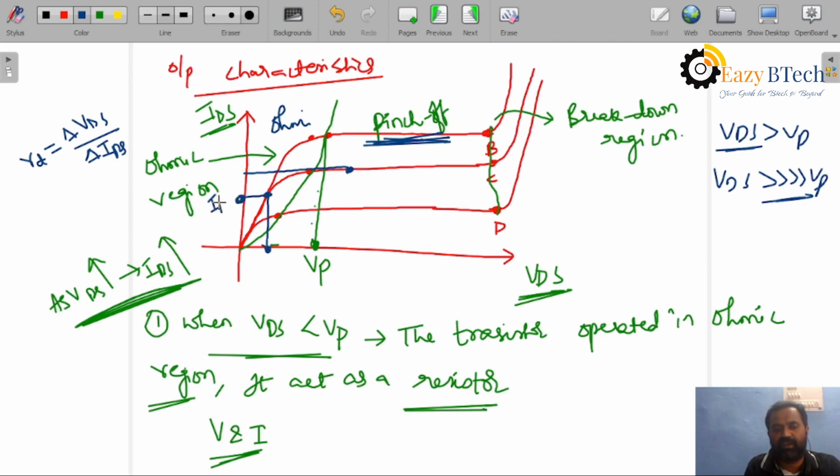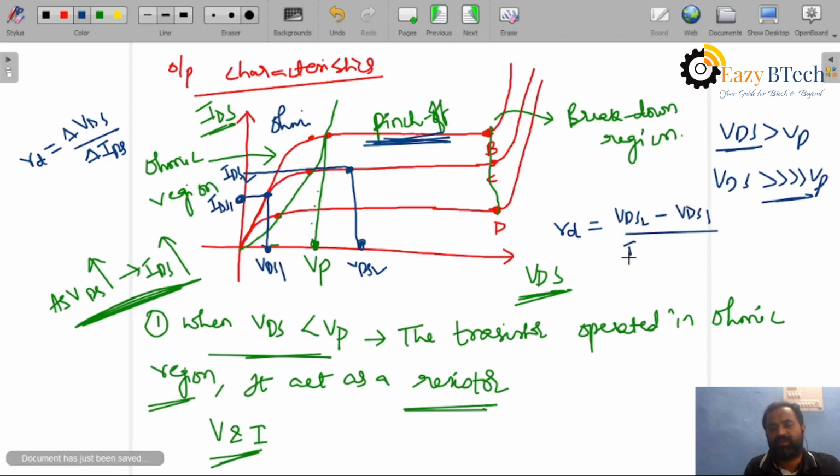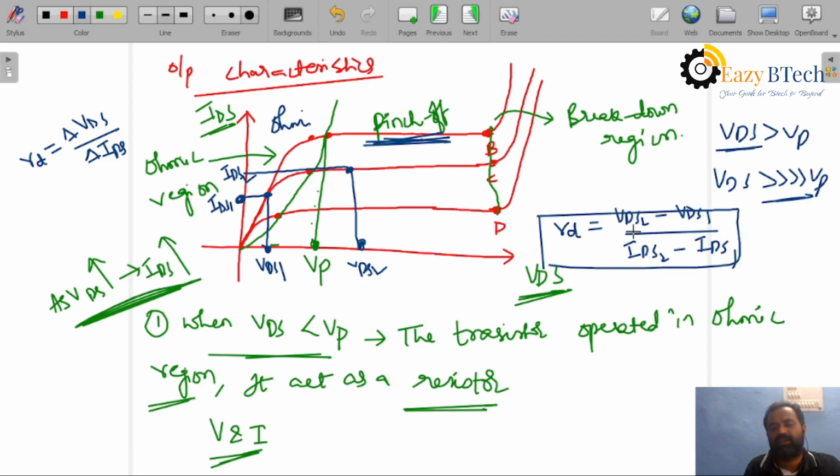This we will call IDS1 and VDS1, and this IDS2 and VDS2. Now RD is equal to VDS2 minus VDS1 by IDS2 minus IDS1. You will get the drain resistance, the output resistance.